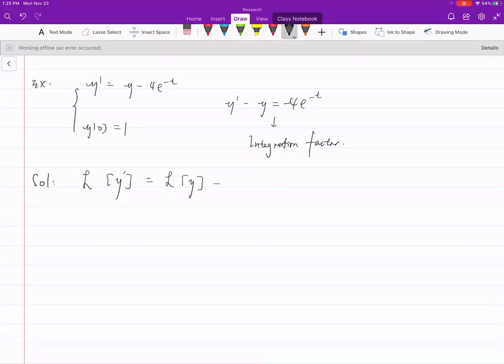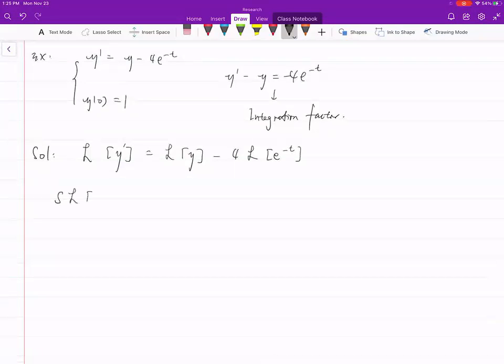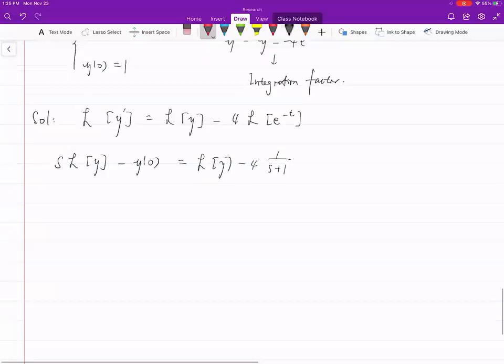So, okay, now sLy minus y0 equals Ly, and you do know the Laplace transform of this, which is 1 over s plus 1. Okay. Now this is 1.